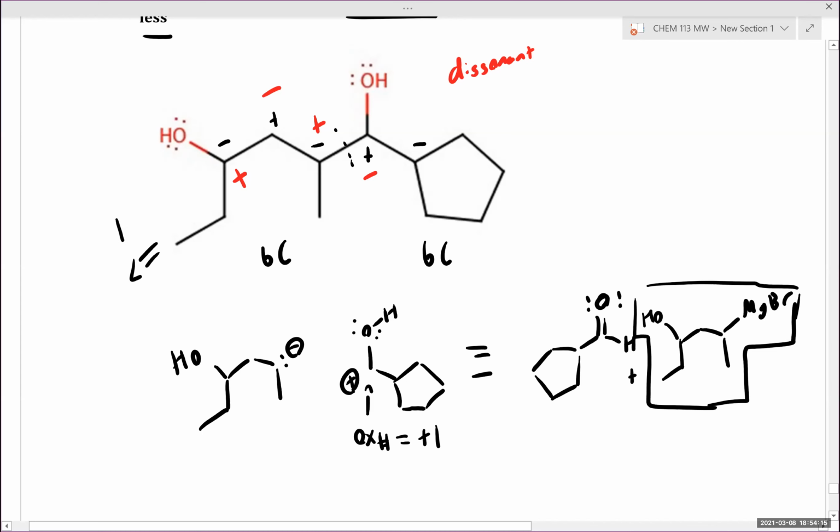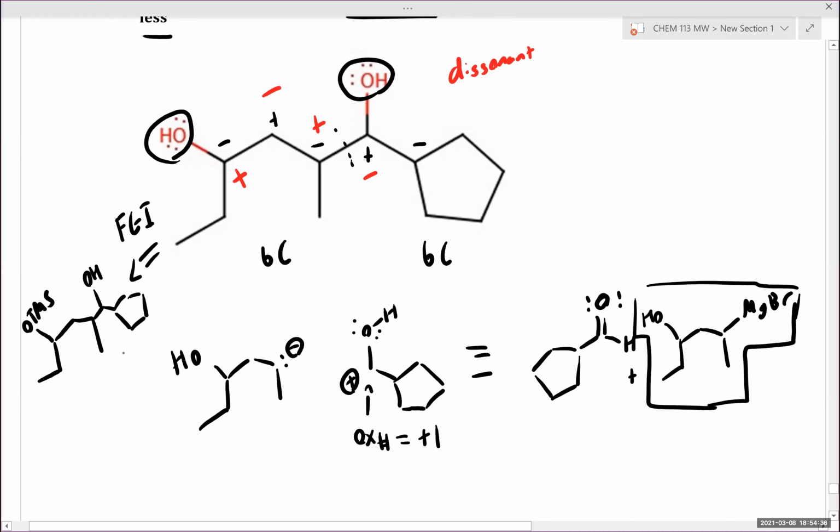So then, this is another type of functional group interconversion. I'm going to call this another FGI, where rather than trying to directly make this diol, instead we'll make a protected alcohol.